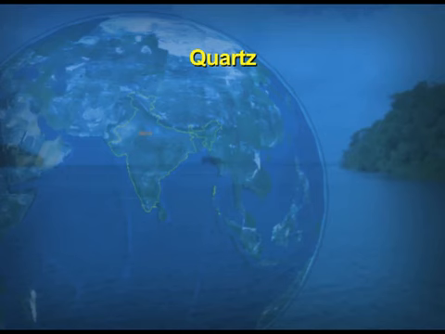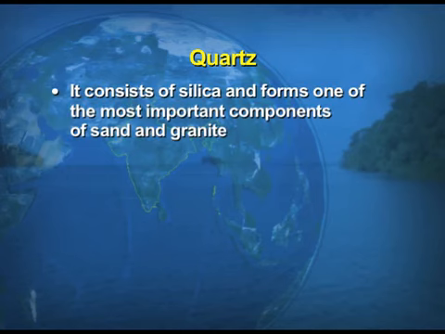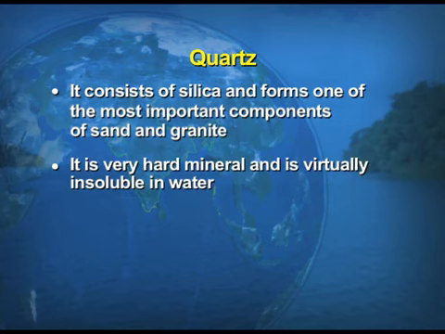Now, the second mineral is quartz. It consists of silica and forms one of the most important components of sand and granite. It's a very hard mineral and it's virtually insoluble in water. So, if it is hard, that means it will be resistant also, and cannot be eroded or weathered very easily.